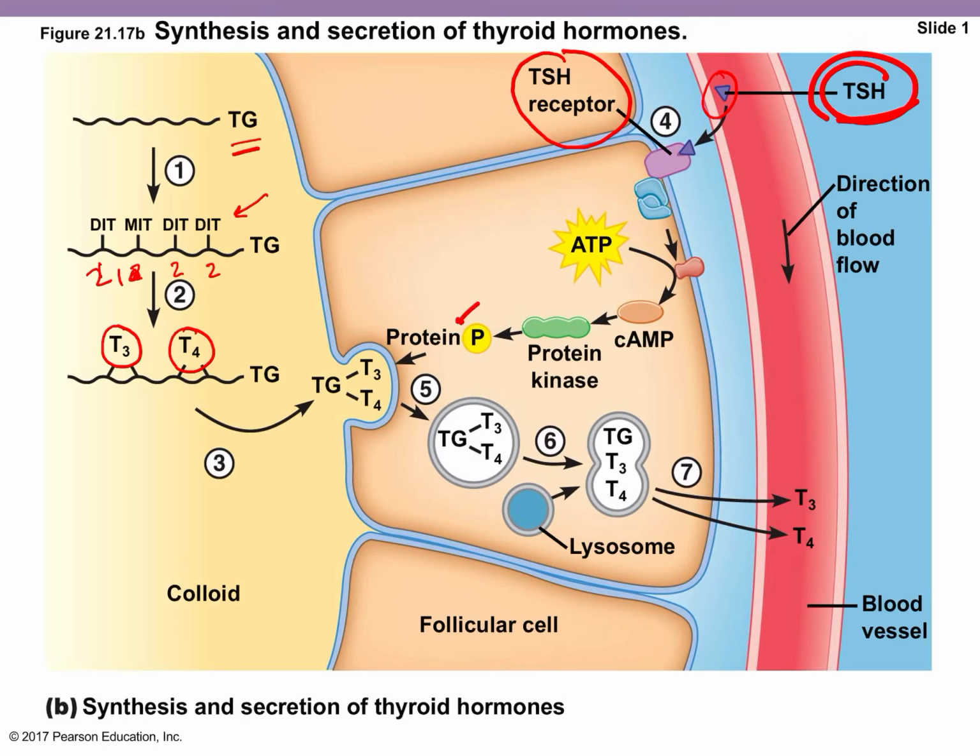allows the cell to phagocytose the thyroglobulin and T3. So it's going to take this inside the cell. When it's inside the cell, a lysosome is going to bind to it. At this point, this is called a phagosome because it just phagocytosed a molecule. The lysosome will fuse with the phagosome. And the lysosome, remember, contains digestive enzymes, which break apart the thyroglobulin from the T3 and T4. When it does that, the T3 and T4 are lipophilic.